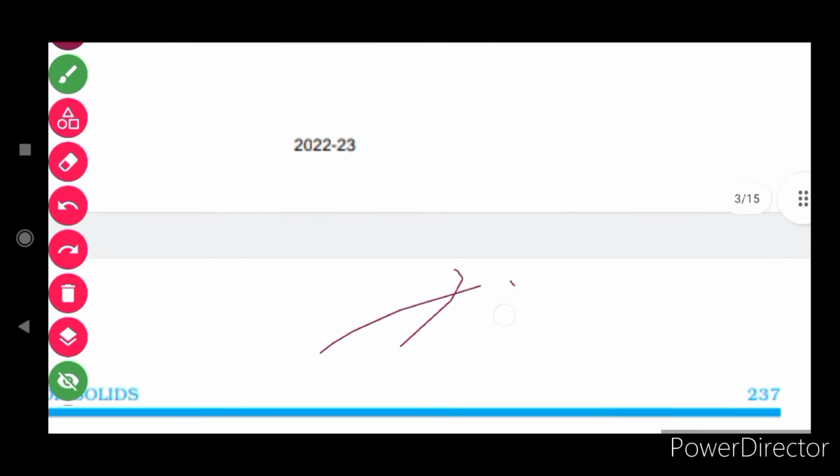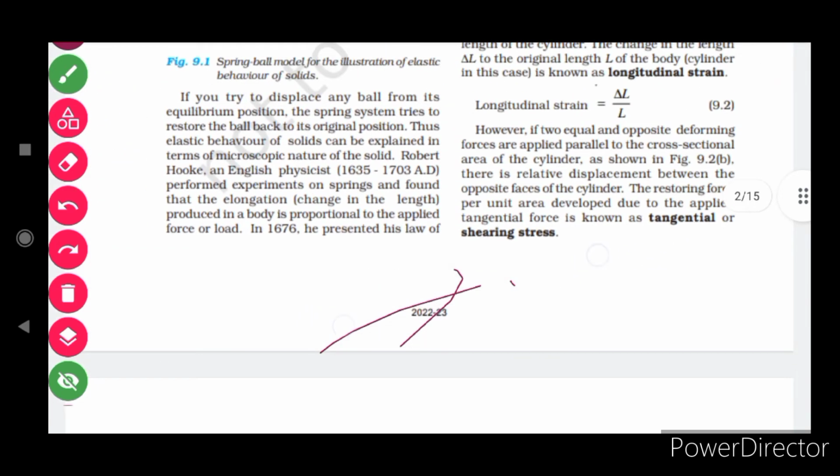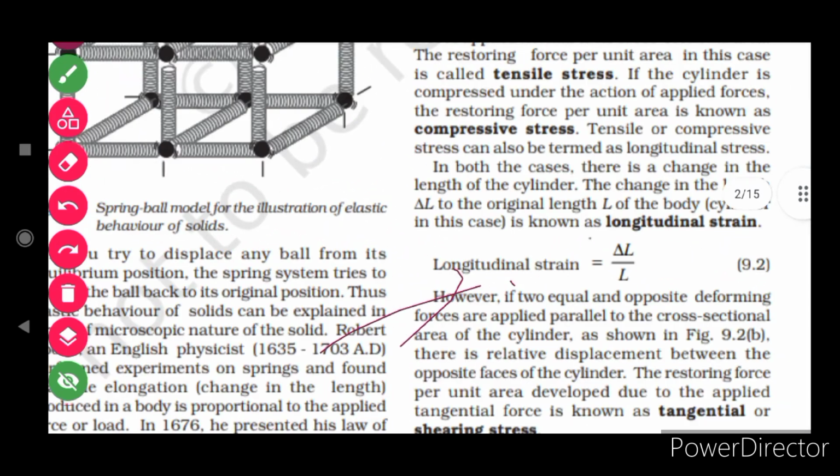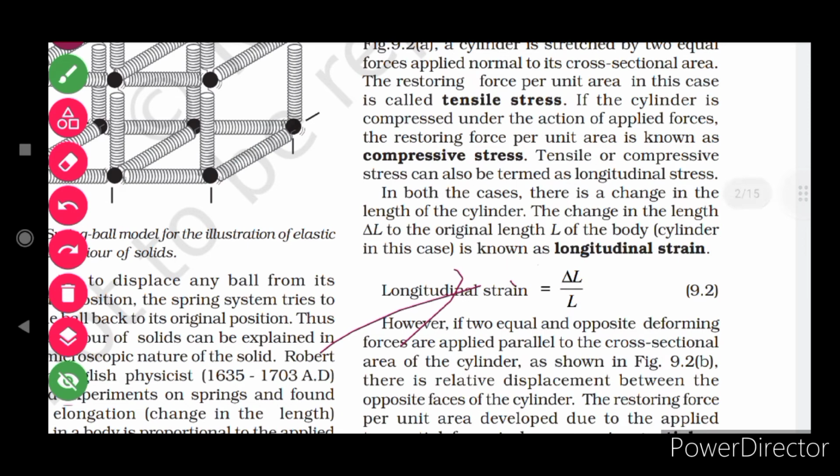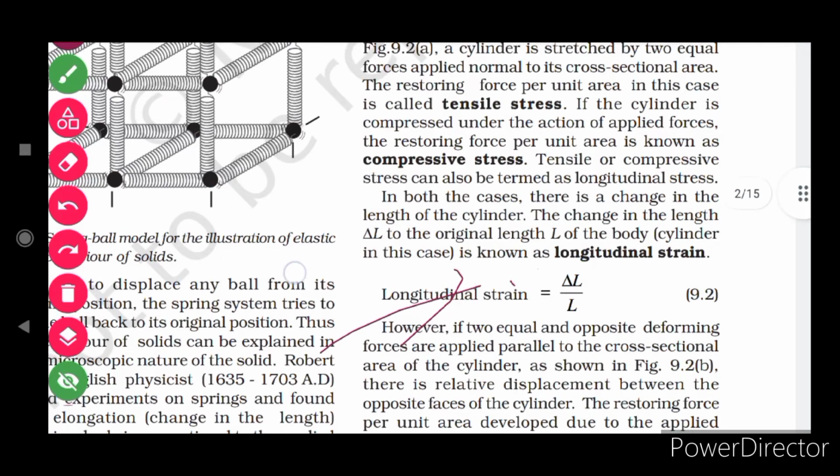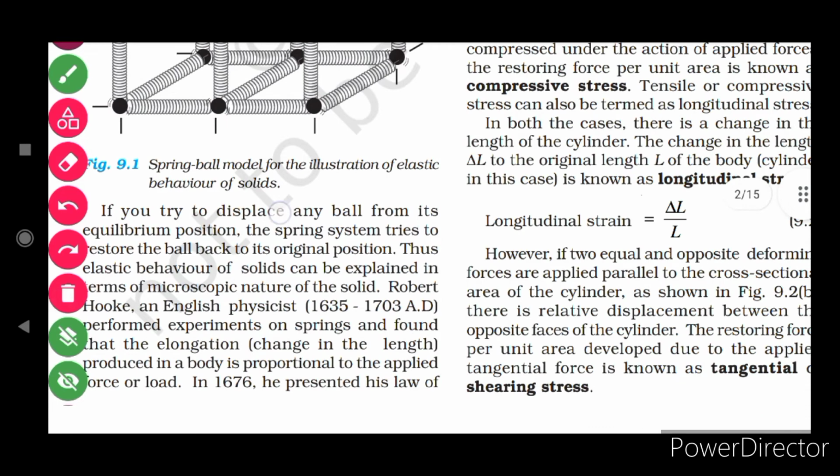to the strain part. In the first case we have seen three types of stress. The first was the longitudinal stress. The length was increased or decreased on applying the compressive or tensile stress, and the force will increase or decrease the size of the rod, that is, it will change the length.